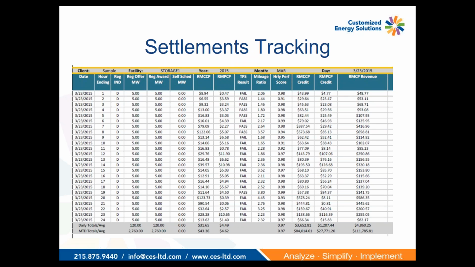The second component is the delay score, which is a measure of how accurately the signal is being followed by the asset in terms of time. So it's the absolute value of the delta between the signal and the response.